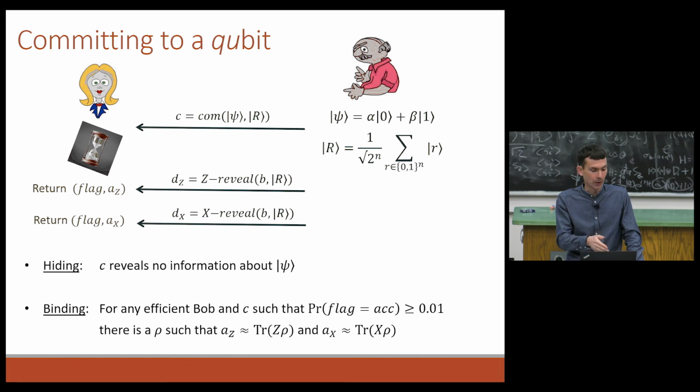So if this binding property holds, this rules out the example I gave just before, because for that example, where Bob would always return 1 and 1, there does not exist a quantum state that underlies such a distribution of outcomes in the Z and the X basis.